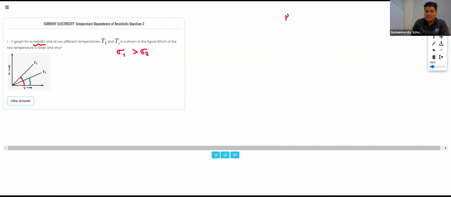Once more, resistance is V upon I. But here it is the ratio of I upon V, which is conductance. Conductance of 1 will be greater than conductance of 2. Conductance is the reciprocal of resistance, so 1 upon R1 will be greater than 1 upon R2. That means R2 will be greater than R1.